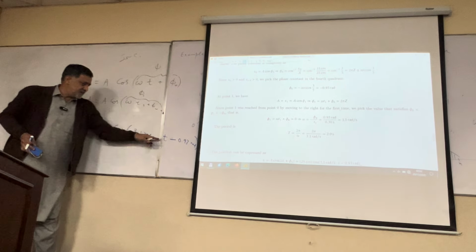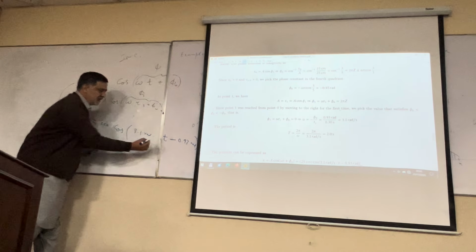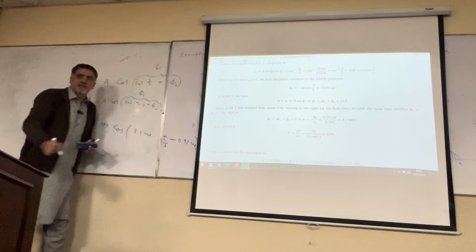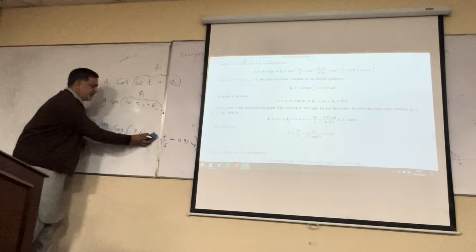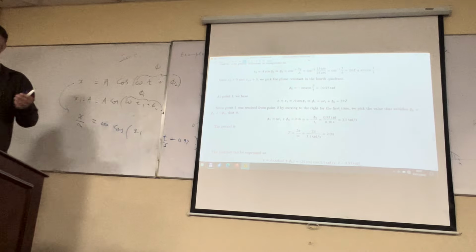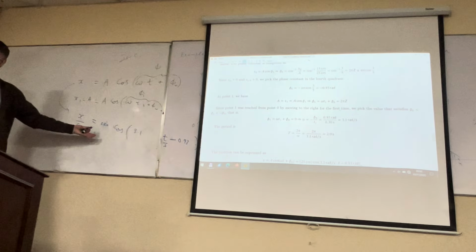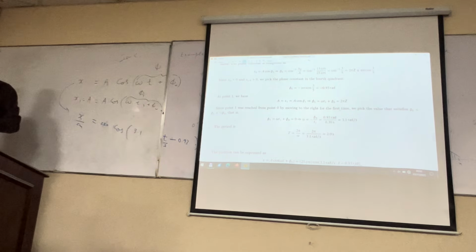And there is already t per second, so just make this t per second, and now you can get rid of radian because it doesn't matter whether you write it or not. Radian is optional anyway. Degrees is not optional. So now I can plot this. X per centimeter equals 25.0 cosine 3.1 times t per second minus 0.93.